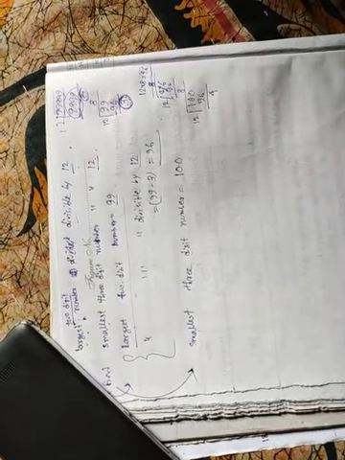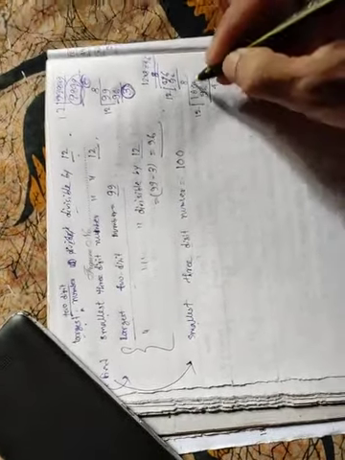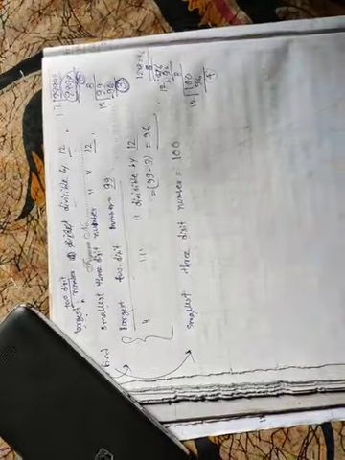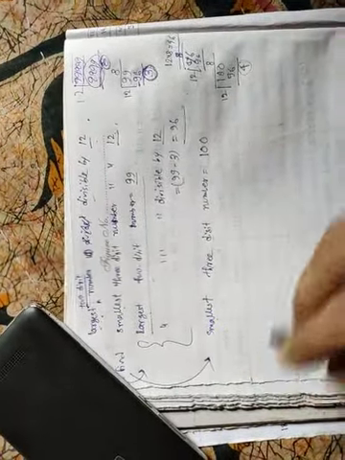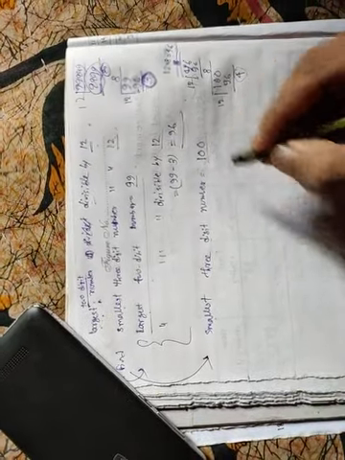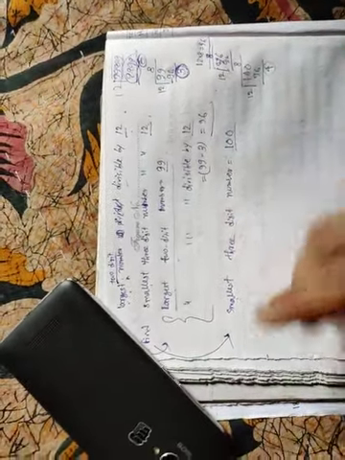Is 100 divisible by 12 or not? So it is not divisible by 12. Here 4 is the remainder. So as this is not divisible, what is the previous divisible number?